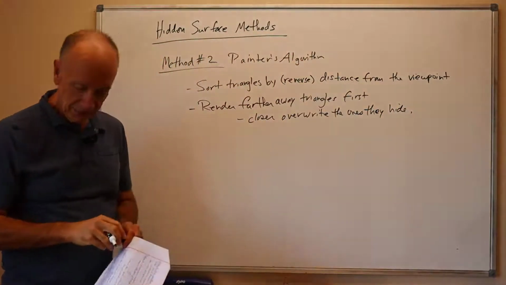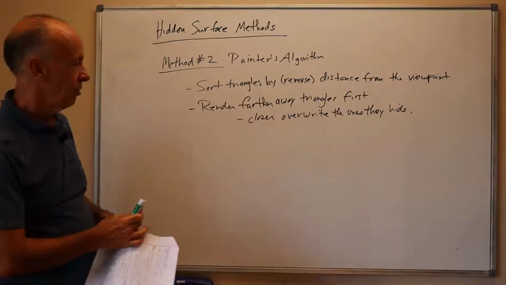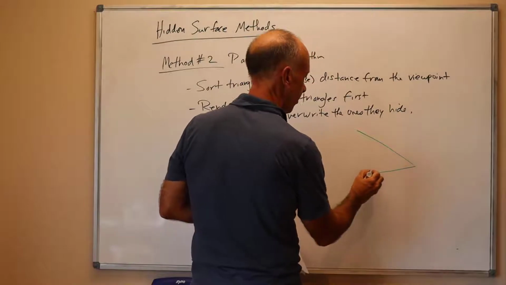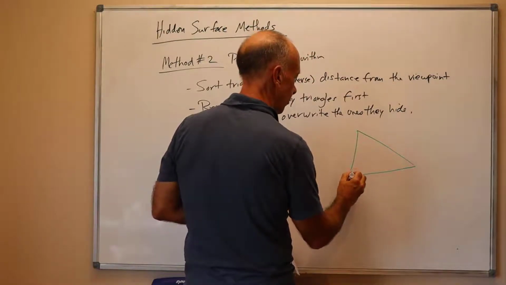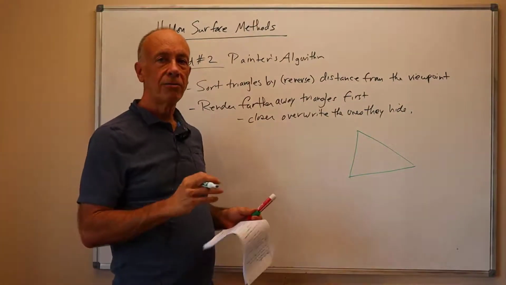So a picture of this would be, we have two triangles, green triangle further away than the red. So the green triangle would get drawn first. Even the portions of it that will be hidden get drawn first. Now when we say draw this, we're drawing it into an array of pixels.